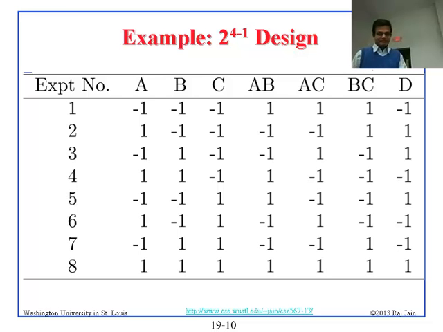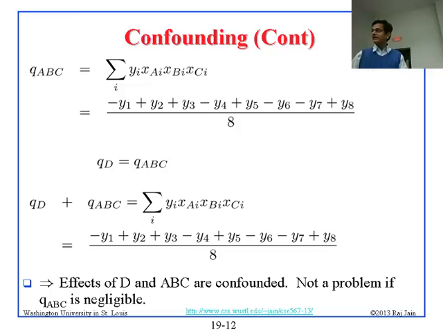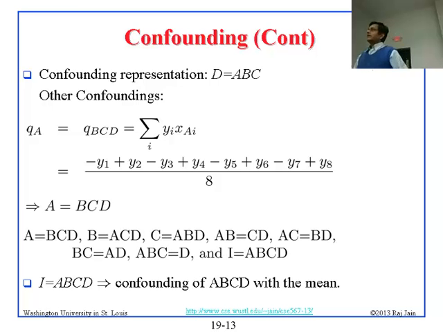All right. Now, this is not the only thing which is confounded. D and ABC is confounded, but there is more. You write down this thing, D equal to ABC. That you already figured out, right? When you wrote the column, D equal to ABC. Now you will find out that A actually is confounded with BCD, because if you were to calculate BCD from that table, you find that it has exactly the same signs as A, and therefore A is confounded with BCD, and B is confounded with ACD, C is confounded with ABD, AB is confounded with CD, and so on and so forth.